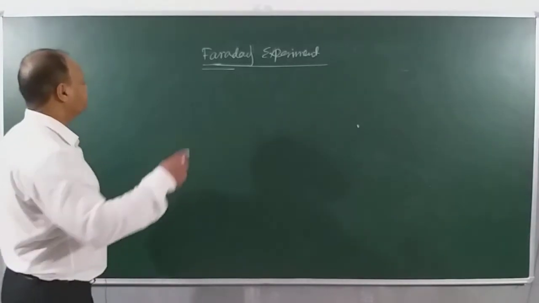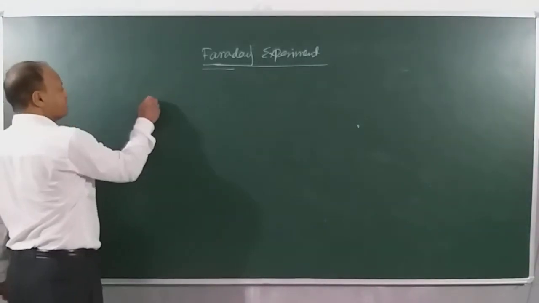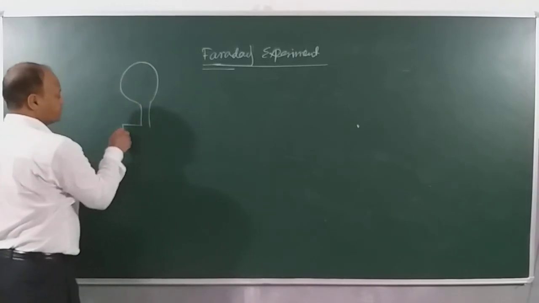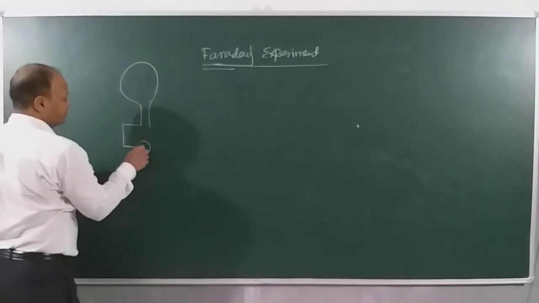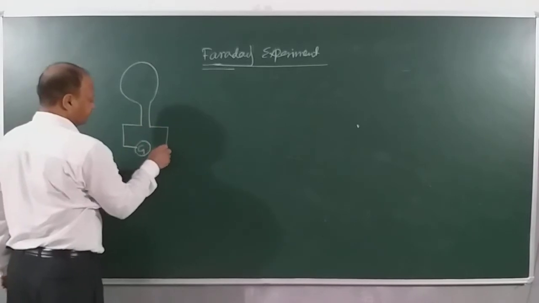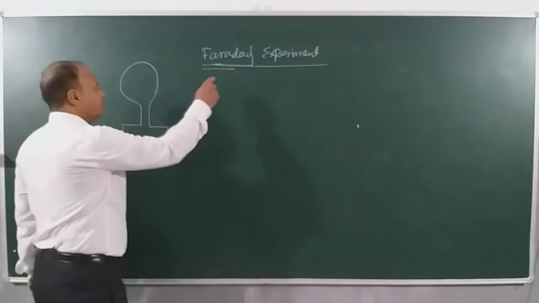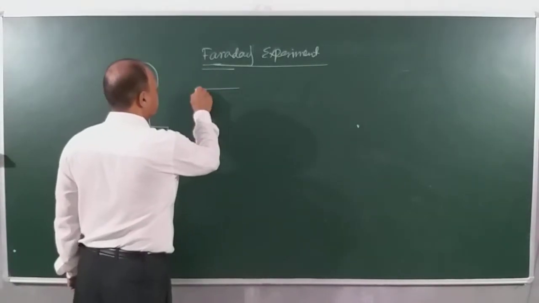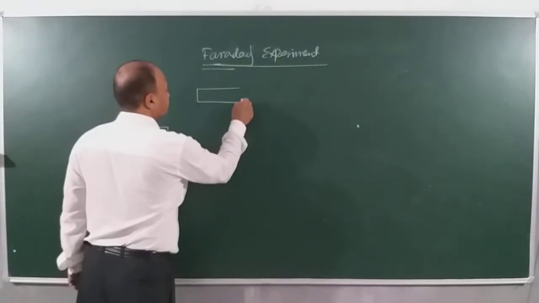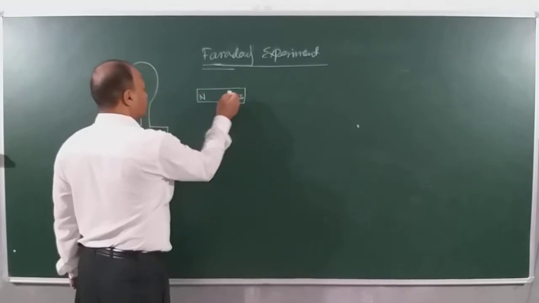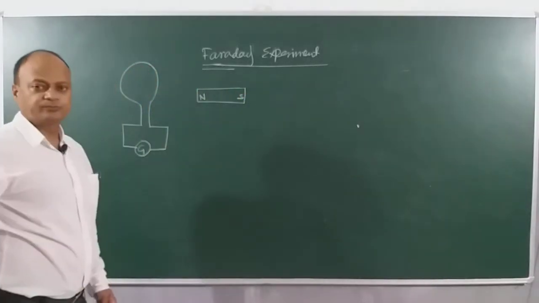Let us understand. Here we have a coil, children. There is a coil. This coil is connected to a sensitive galvanometer. And then here we have a magnet. For example, the north pole is facing toward the coil.